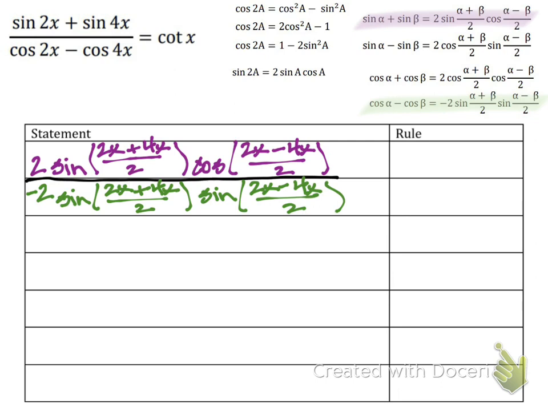And that whole step there, right? I took 2 boxes to do it, but that whole thing is sum to product, right?